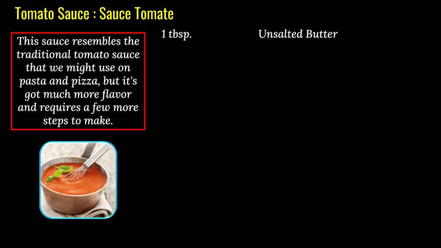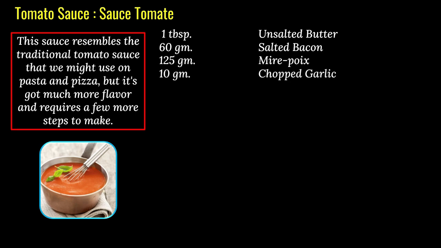One tablespoon unsalted butter, then salted bacon, mirepoix, a combination of vegetables: onion, leek and celery. Garlic is also added for the tomato, because tomato and garlic go well together, that flavor will complement each other.